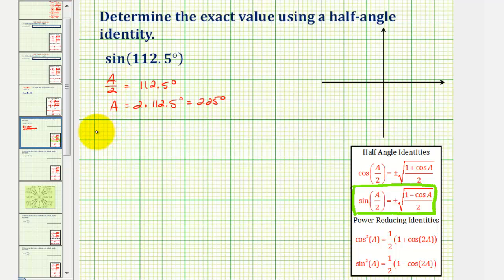So we've discovered that sine 112.5 degrees is equal to the sine of 225 degrees divided by 2.